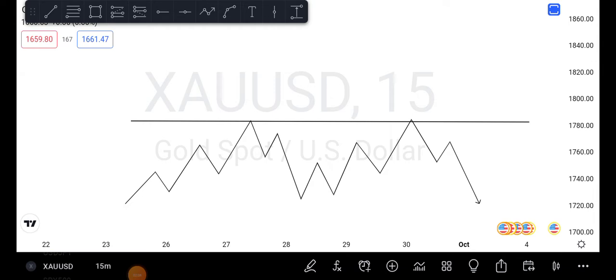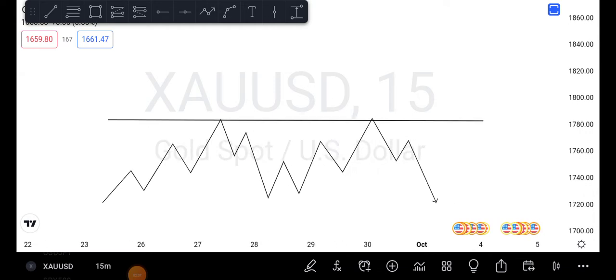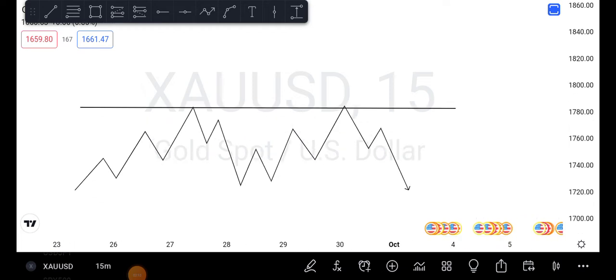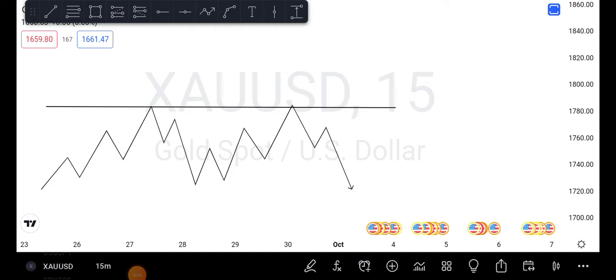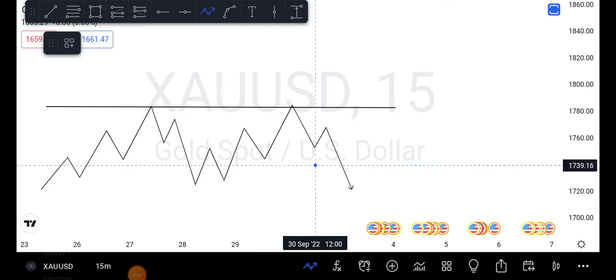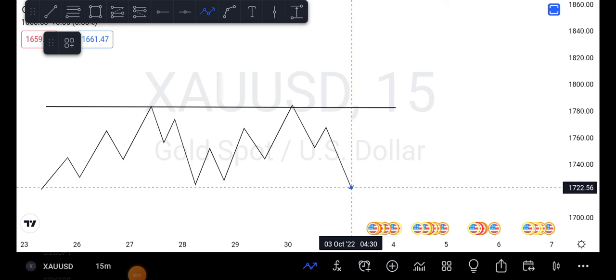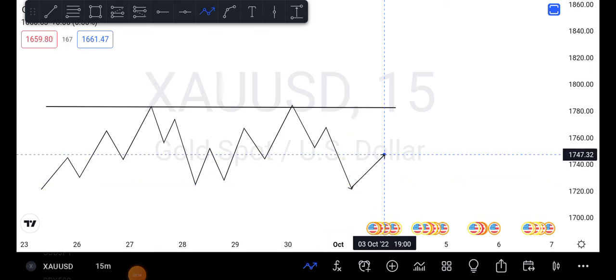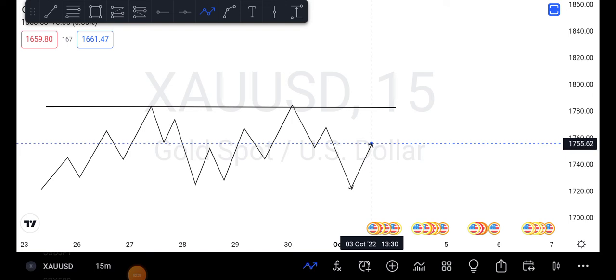Now please, this doesn't mean that whenever price comes to this resistance level, price must always go down. No. Whenever price comes to this resistance level, we look forward for price to go down, but it's not a must that price should go down. Price can do whatever it wants, and it can blow through the resistance level at any time.